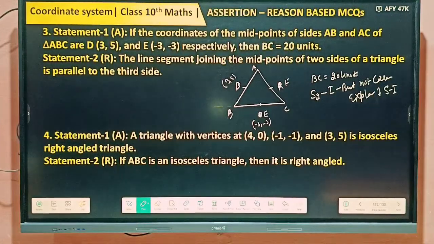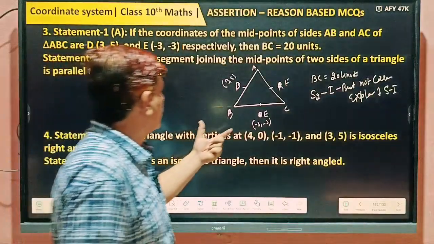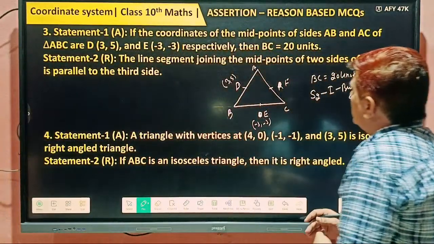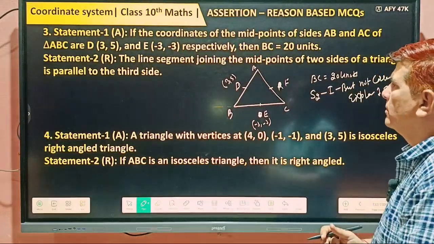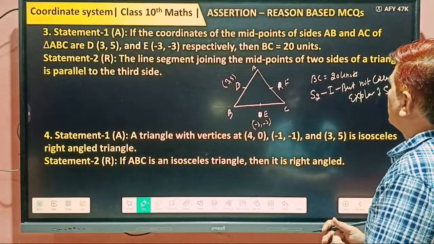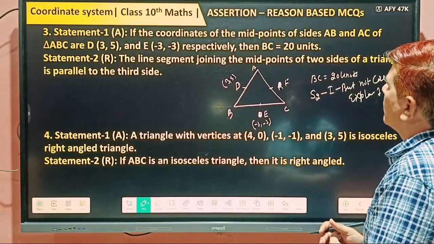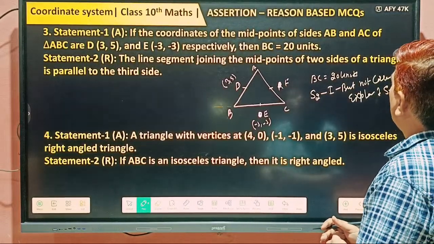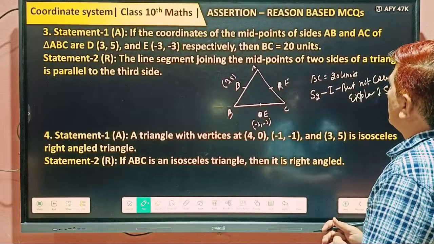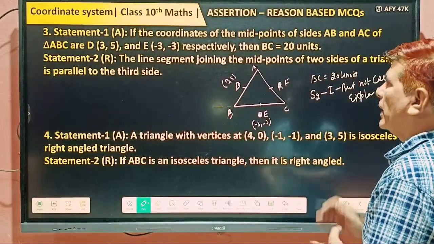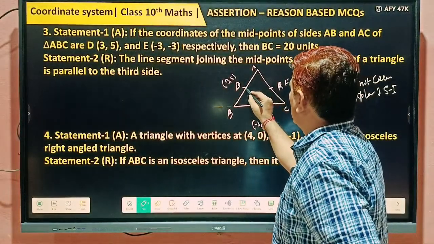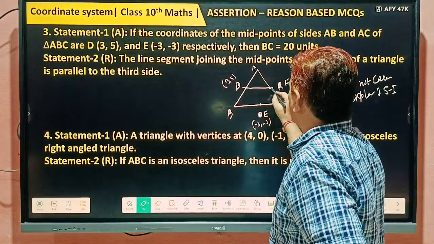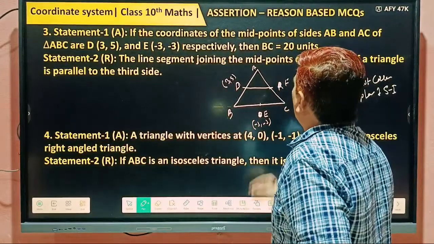So what can you say? This BC is how much? 20 units. How can you find this out? It is the midpoint of the side BC. Yes, so we can find this out by using this. Look one time and try to understand this.